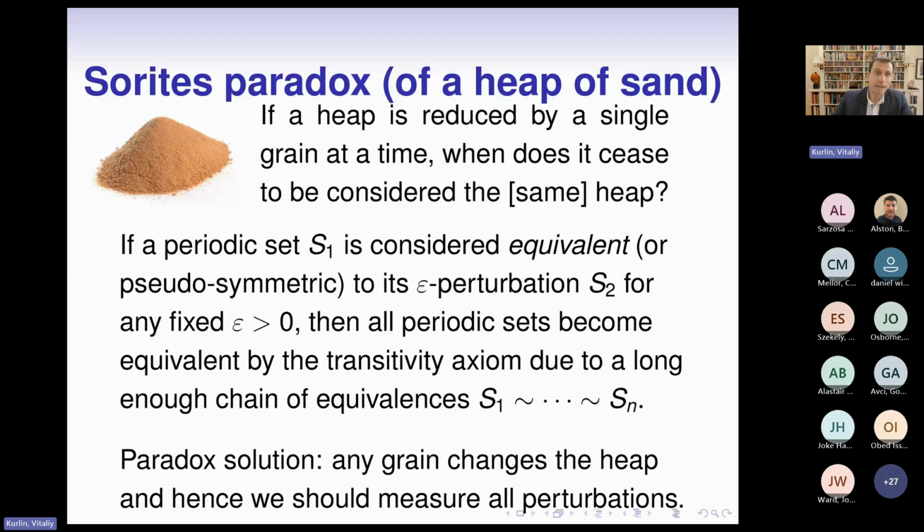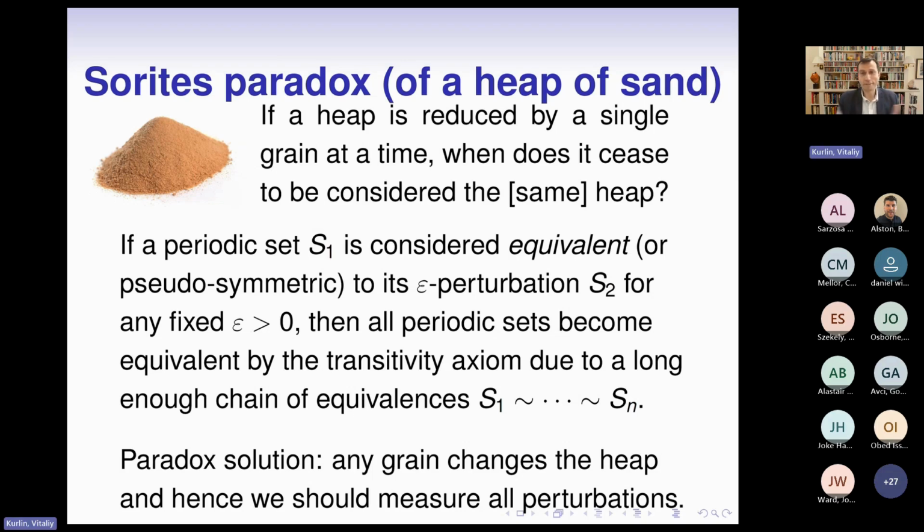So you have a big collection of some objects, too many grains of sand, and you start removing these grains one at a time. So if you remove only one grain of a million or very large number, do we still have the same heap or different? If we have still the same heap, then can we continue removing these grains until after many steps, it becomes simply empty?